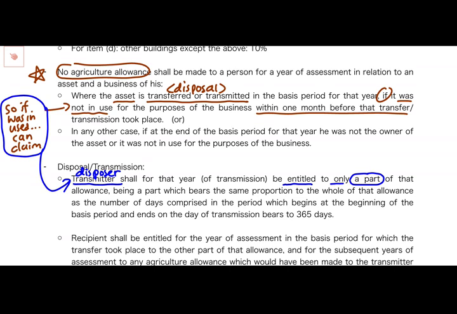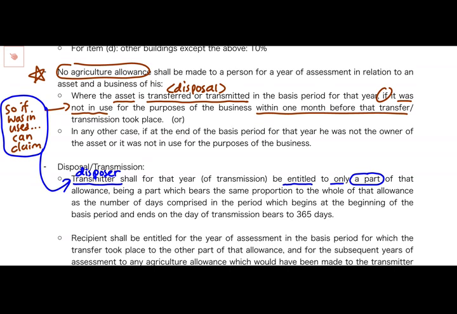Now, if you read the law, it is actually based on the number of days. They say the part that bears the proportion to the whole of the allowance as the number of days comprised in the period which begins at the beginning of the basis period and ends on the day of the transmission over 365. So technically, the law is basically calculated on a days basis.